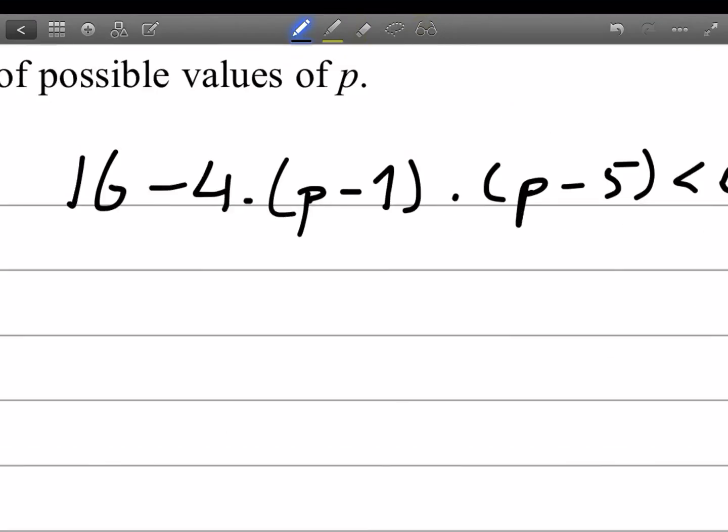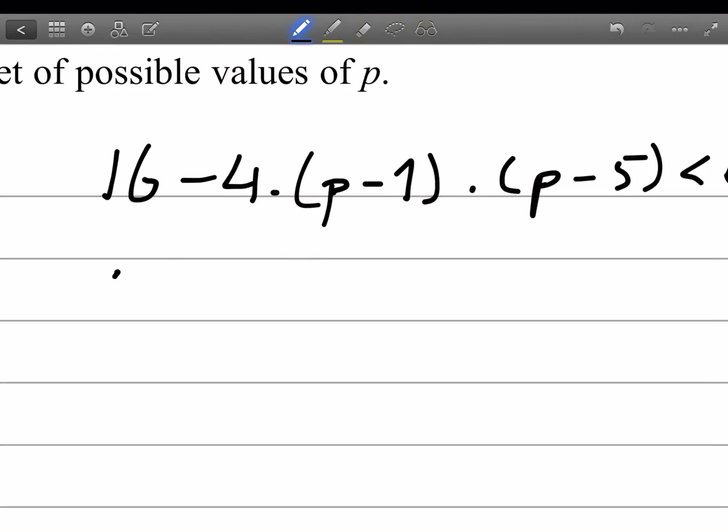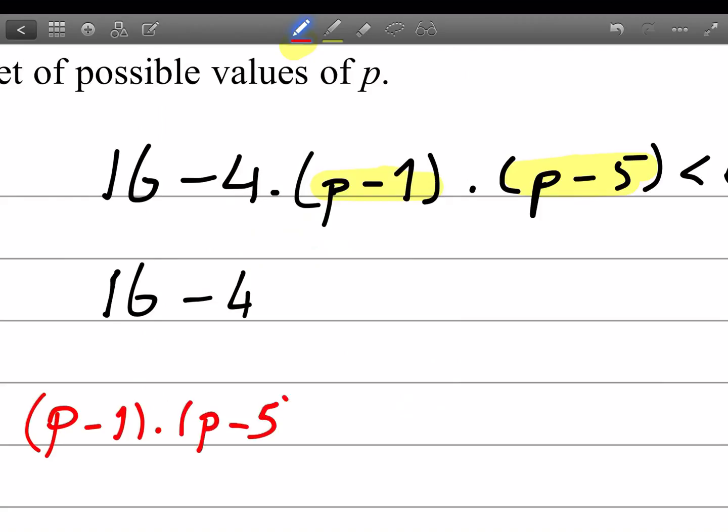Then we do the calculation. 16 minus 4, and we just multiply these two terms. P minus 1 times p minus 5, first of all, let's do it step by step.